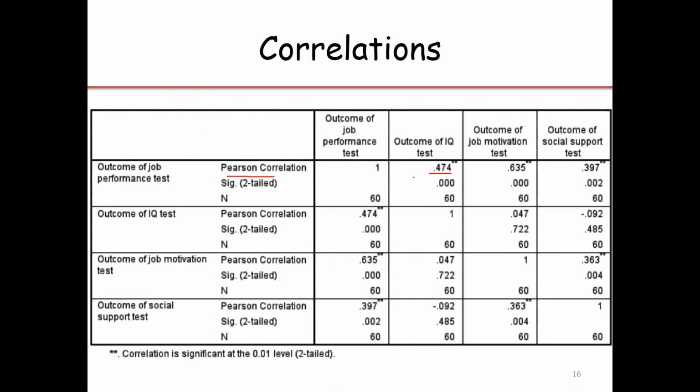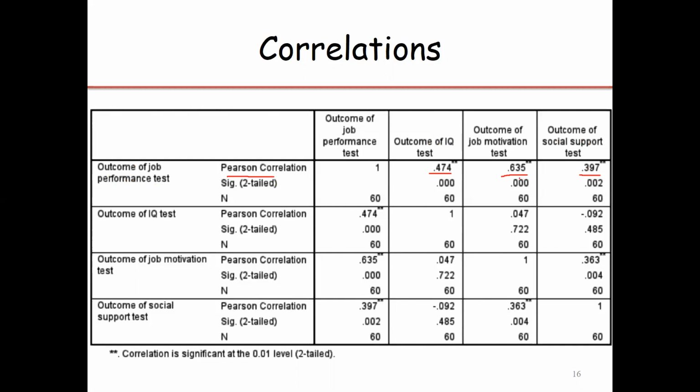All the correlations are positive. That is an indication that high motivation gives us a better performance. The high social support will give us a better performance, and the high IQ score will also give a better performance. That is an indication of all positive correlations.